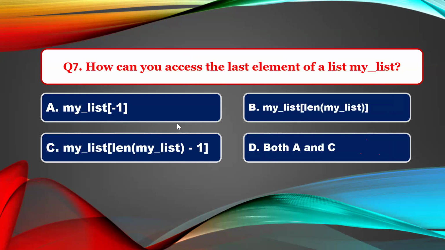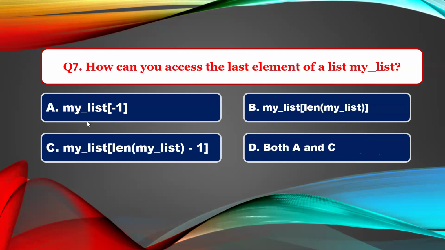The answer is the first one as well as the last one. These two are correct. I will tell you how. A is correct, no doubt, and C is also correct over here.